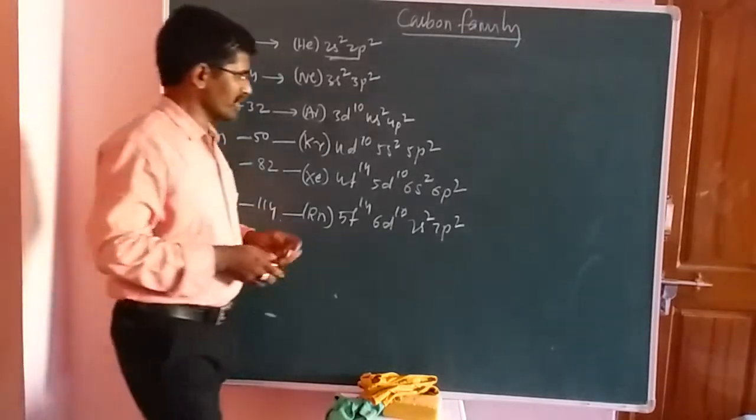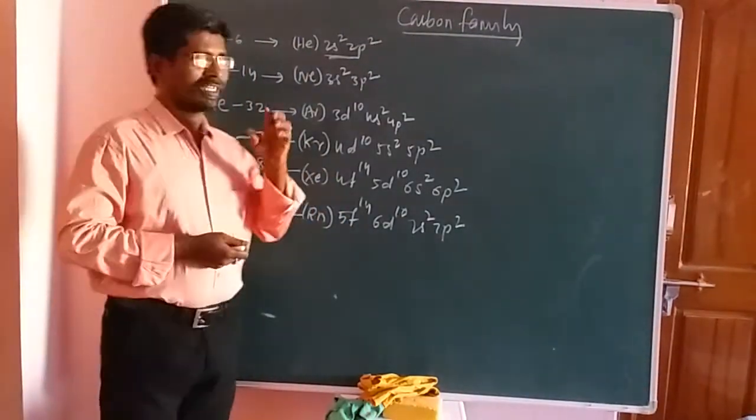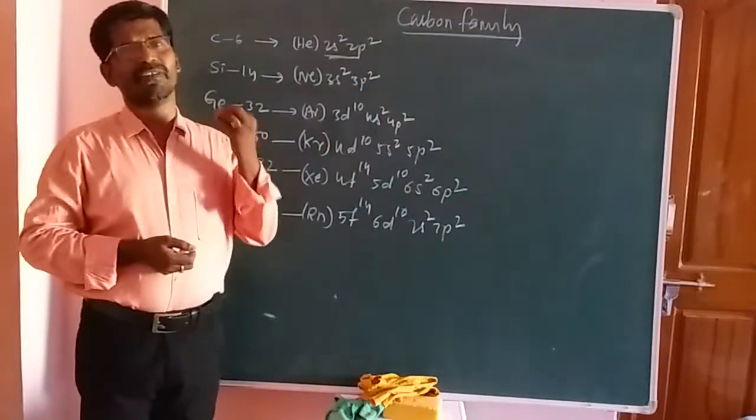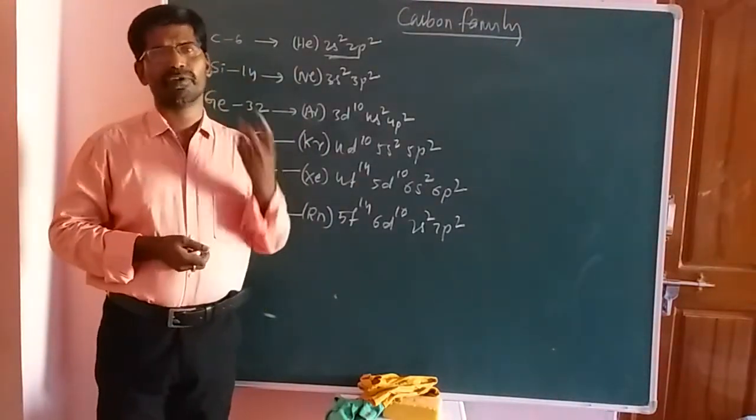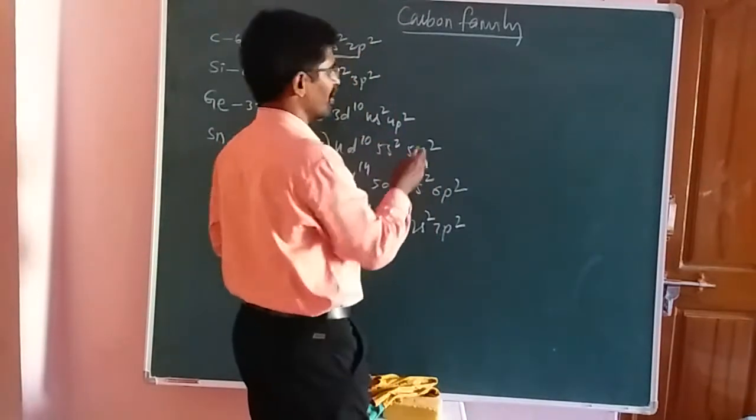Okay. Now general electronic configuration for these group elements. That means what is the general electronic configuration for the fourth group elements or for the 14th A group elements? Now here we have to write the general electronic configuration.